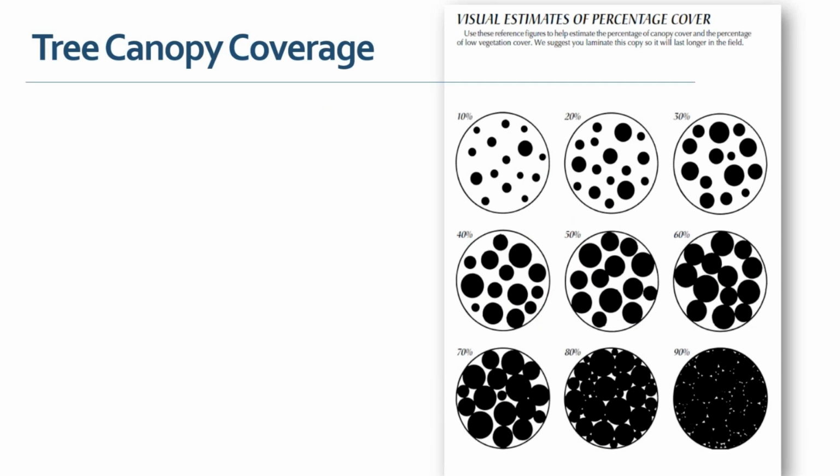For the tree canopy, you're going to be looking up from the middle of the stream, or imagining what it looks like from the middle of the stream, and how much of the water gets shaded by the tree canopy. And the illustration just gives you an idea of what that would look like if it was 10, 20, 30%. And then you will pick the one that is most representative, but remember, thinking about the whole 100 meters. How much shade is this stream getting?